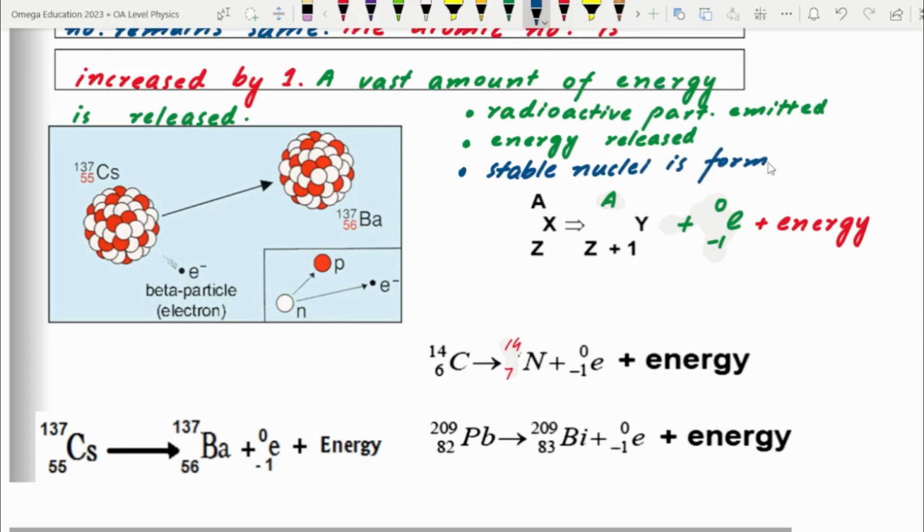So these are some of the similarities. They generally ask for a single one, but you can write at least 3, so you can write a single one or any from these 3. Then you can check out the other examples as well. For example, the one on the left side, cesium being converted into barium.